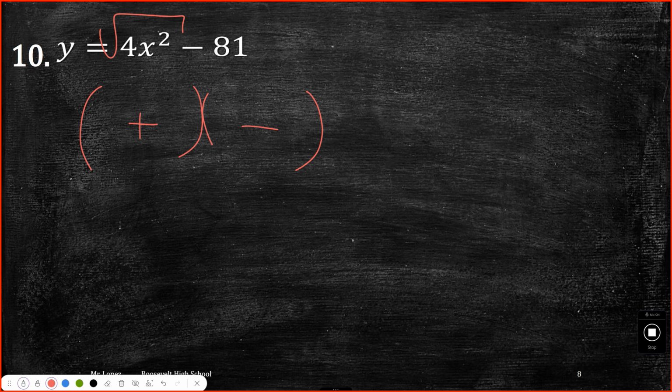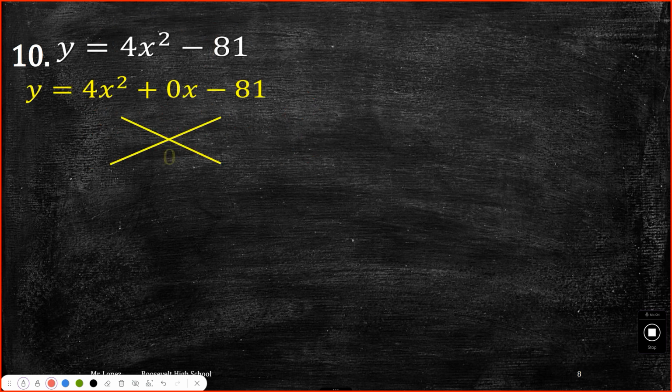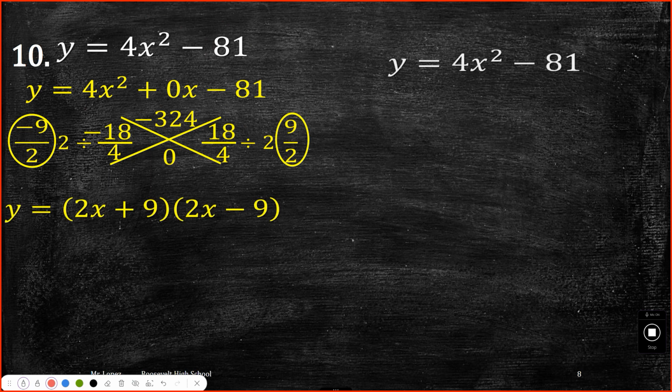Square root of 4x squared is 2x. People say it's the same answer I got, but you can do the X because the X always works.